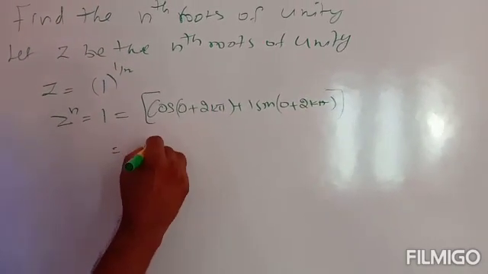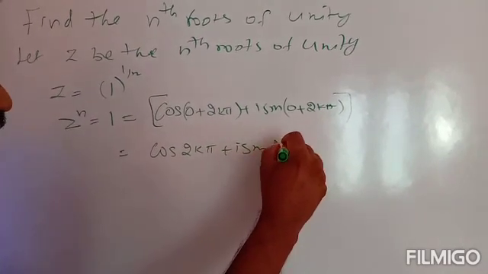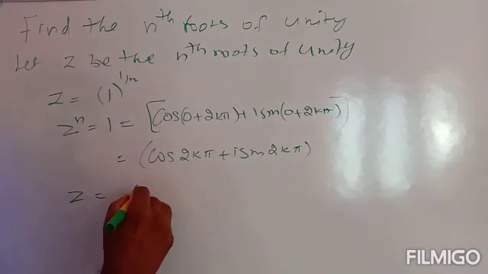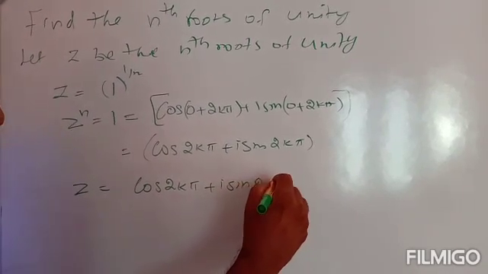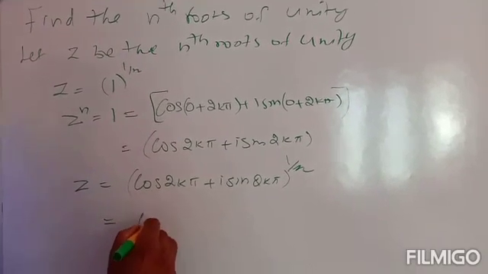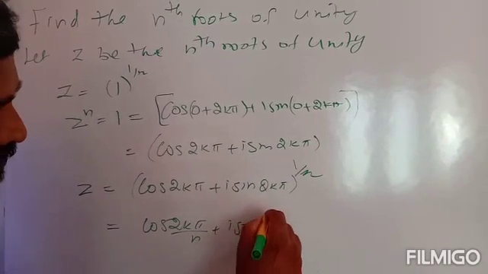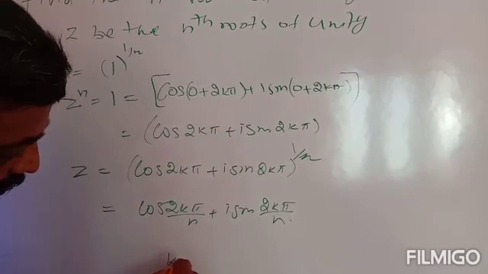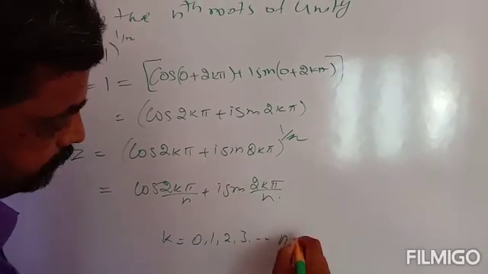So Z is equal to cos 2k pi plus I sin 2k pi whole power 1 by n. Applying De Moivre's theorem, we get cos 2k pi by n plus I sin 2k pi by n. Here k equal to 0, 1, 2, 3 up to n minus 1.